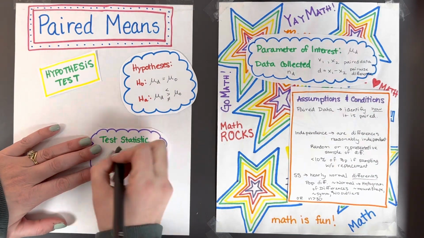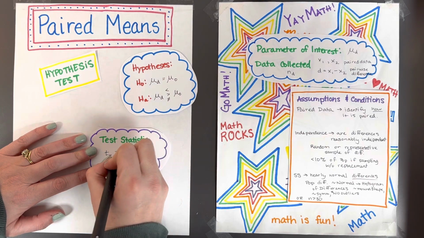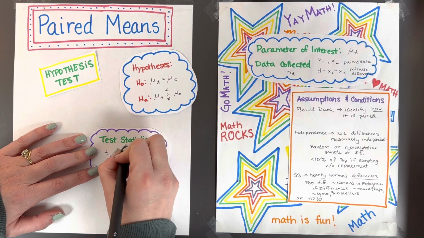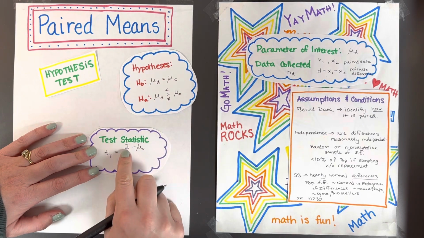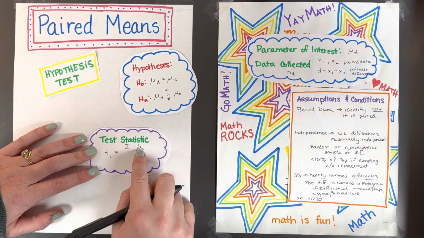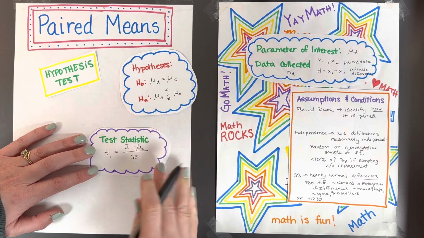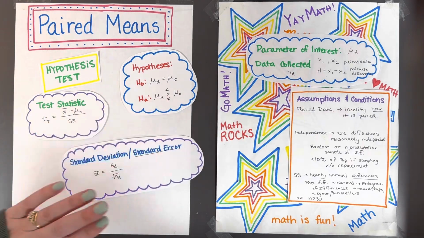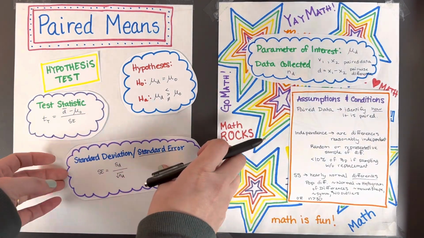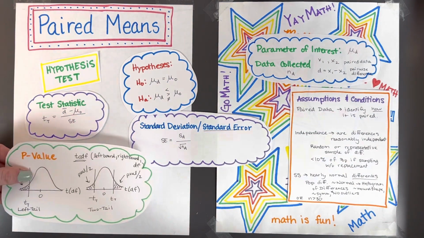Our test statistic is going to be a t. So t is equal to d bar minus our assumed truth, so our sample mean minus our assumed truth, divided by our standard error, which is the same thing that it was for the confidence interval, which is s sub d over the square root of n sub d.